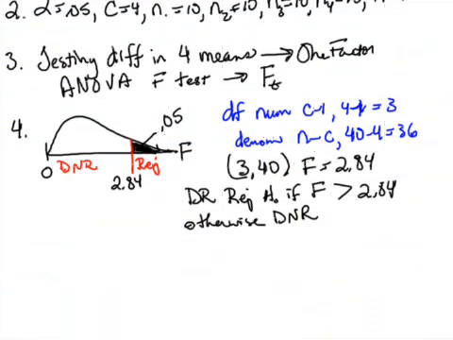So I am going to go back to my six-step process and change these values to 2.87. As you can see, it didn't make very much difference. Very unlikely that that would make a difference in our conclusion, but certainly not impossible.